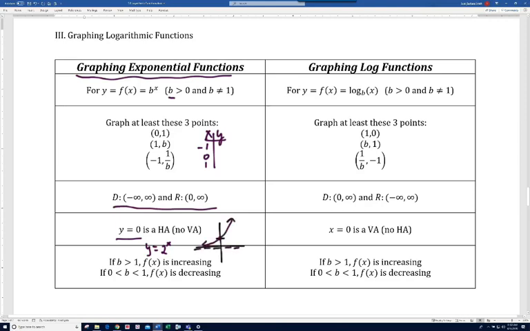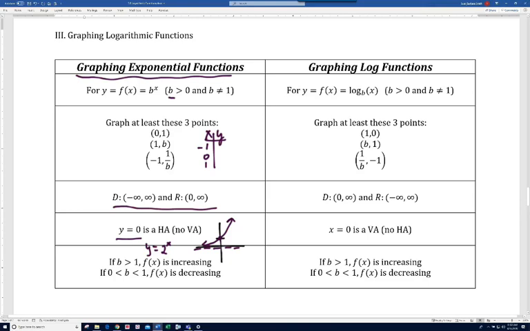So the graph of that would look something like this. If our base is greater than 1, and 2 is, then I call it an exponential growth function. And notice we're going through 0, 1. It's an increasing function. It looks like that.